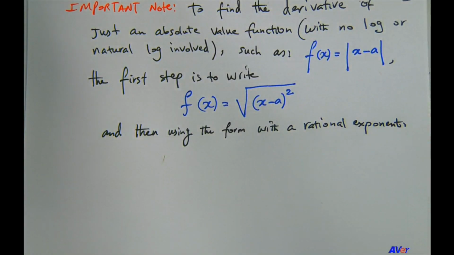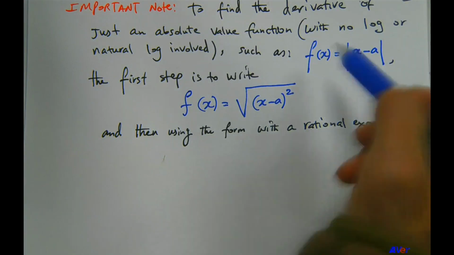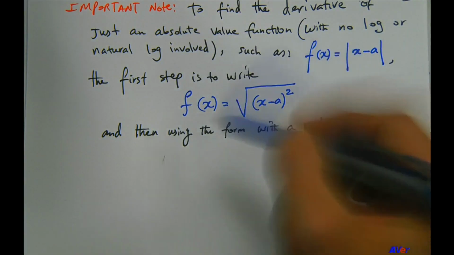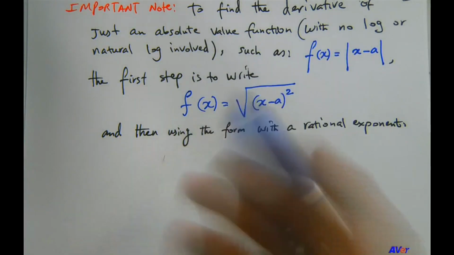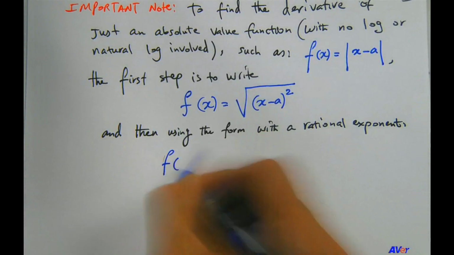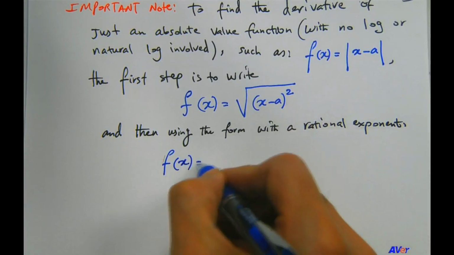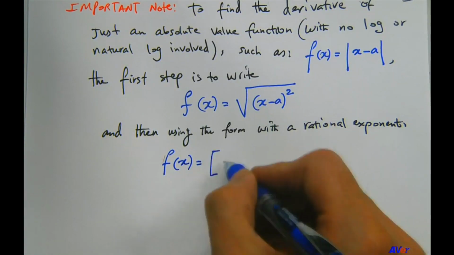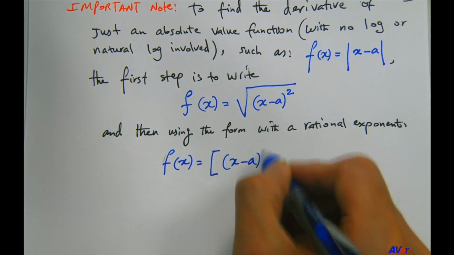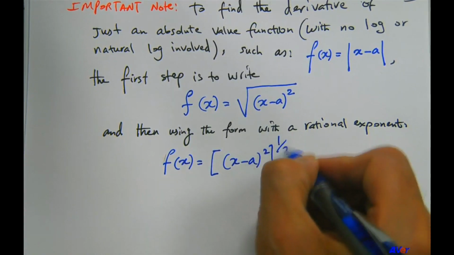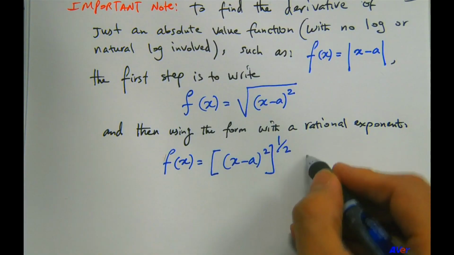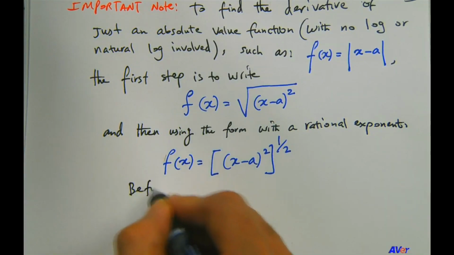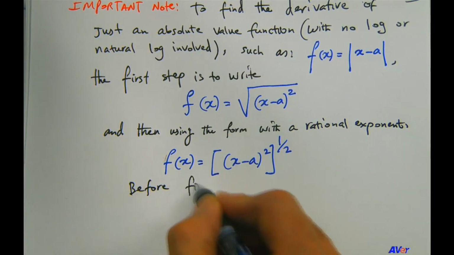Notice that we're just writing this original absolute value expression in different forms. We wrote it in this form, now we're going to rewrite it in a different form, which is the same thing as before, before finding the derivative.